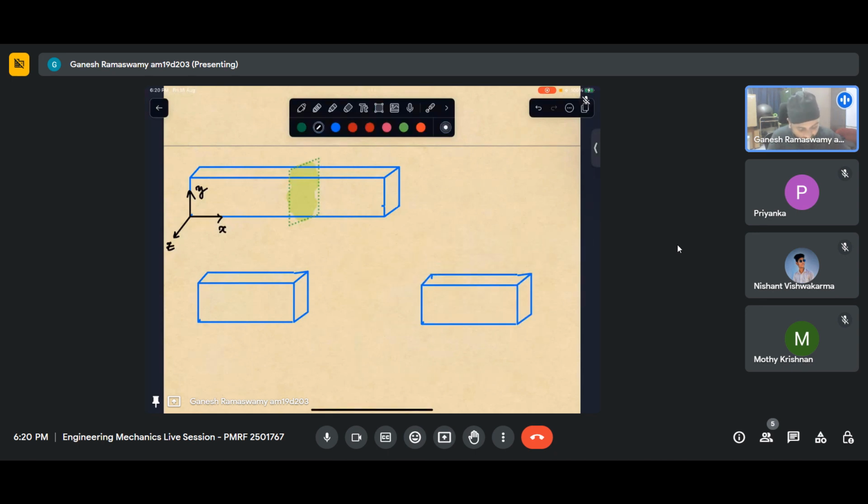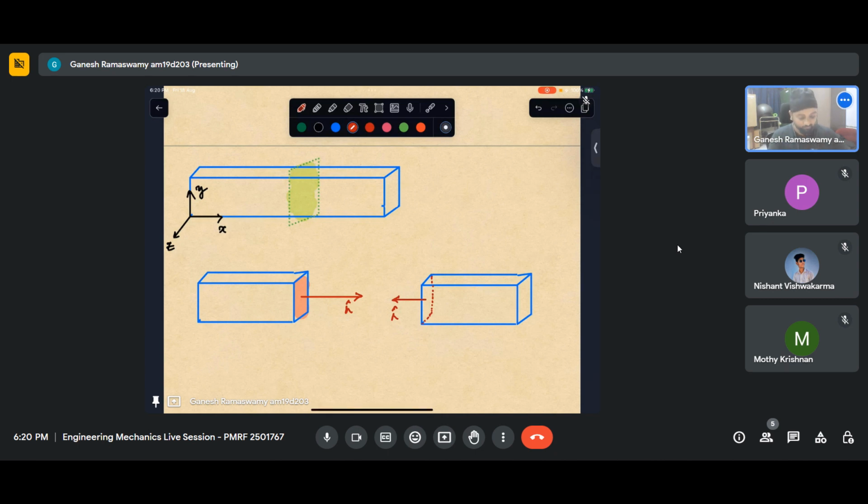So if this is my surface that is exposed, it is characterized by its outward normal. Similarly, since that is not visible, I'll just draw it in dotted line. For this surface, my normal will be that.